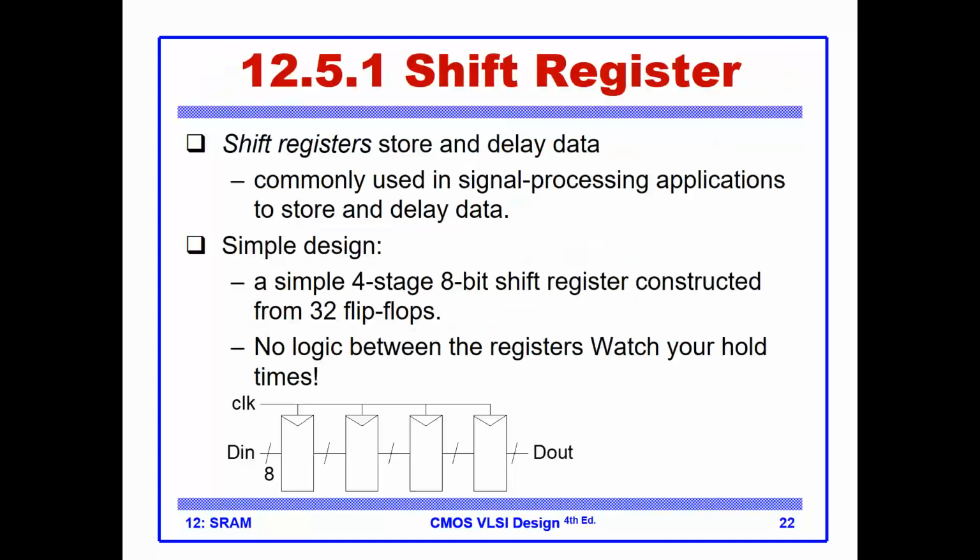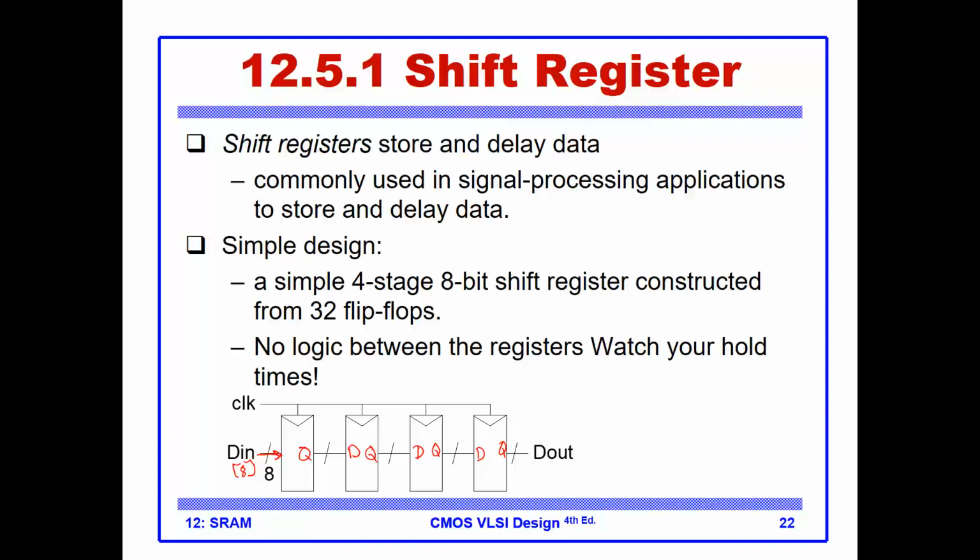Okay, so let's keep going here. So the shift register, which we covered in earlier courses, is just a collection of registers, like for example here, there are 8 of them. So the data comes in, and this data is 8-bit, and the Q of this data goes to the input of the next, and the Q of this data goes to the input of the next, and so on.